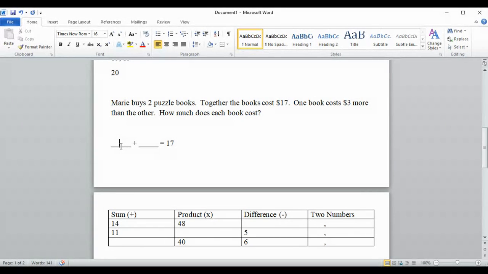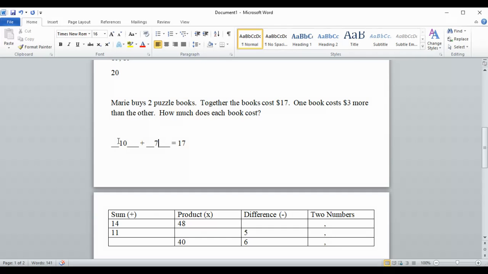I'm going to say 10 plus 7. I always like to start off with the easiest thing I can think of, because I can always adjust it from there. So 10 plus 7, I know equals 17. Let's go up here and see what this part says. One book costs $3 more than the other. So I'm going to look at this and say, what is 3 more than 7?